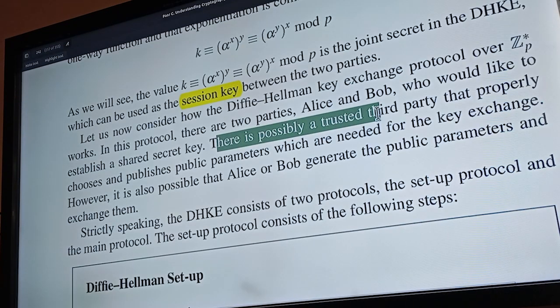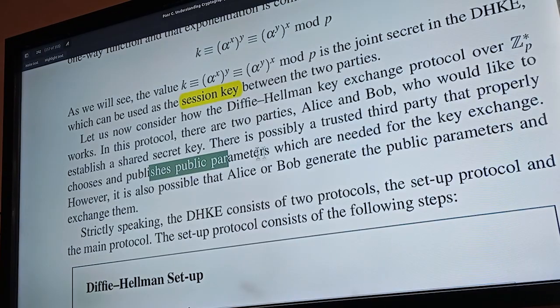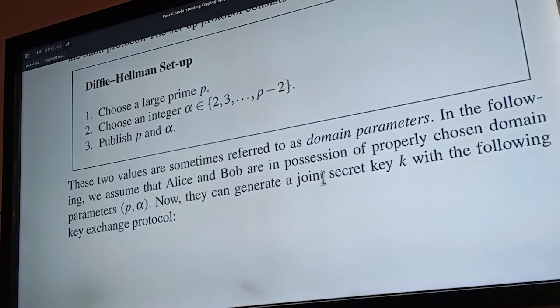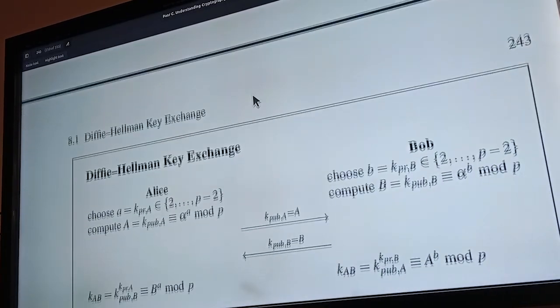There is possibly a trusted third party that properly chooses and publishes public parameters, which are needed for key exchange. So these parameters, alpha and the prime. It's also important to note that alpha is picked from, it's a concept of a generator, from 2 through p minus 2. So let's now move down to how the algorithm works.